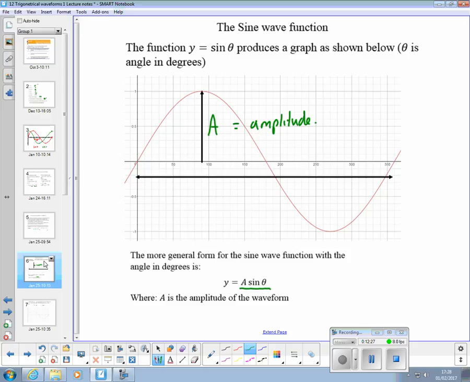What have I put an arrow across there for, do you think? If this was time, that would be something, but what would we say? That's one cycle.